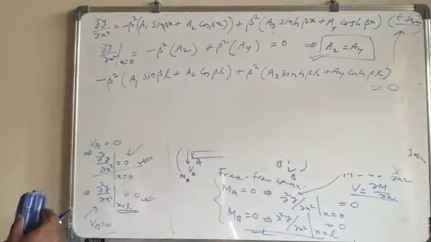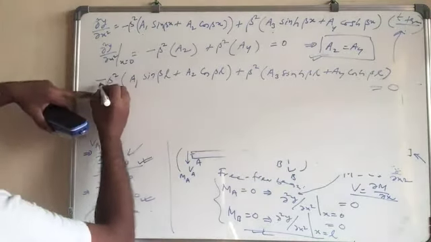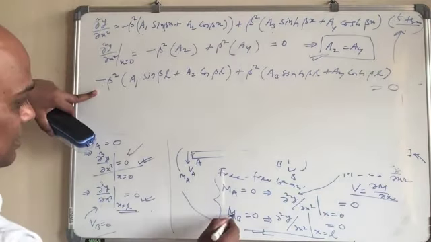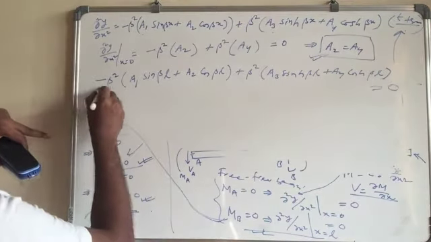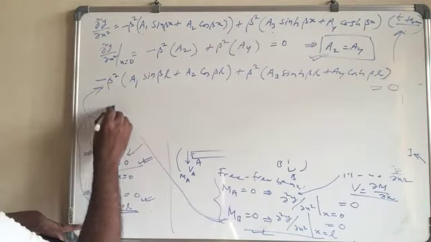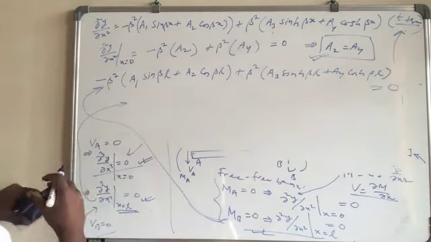So this one you are getting from the condition MB equal to 0. Similarly the VB is also equal to 0. From here what do you get?